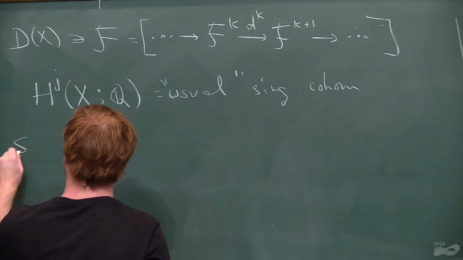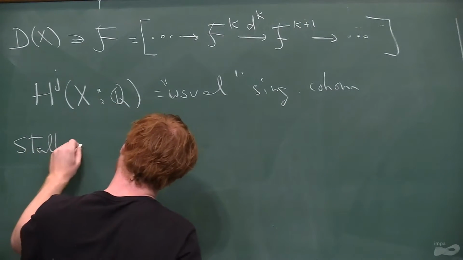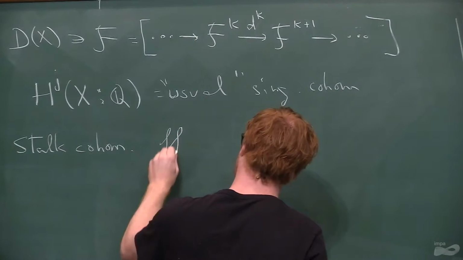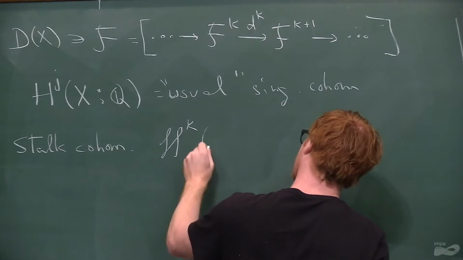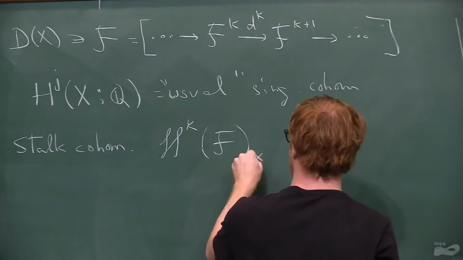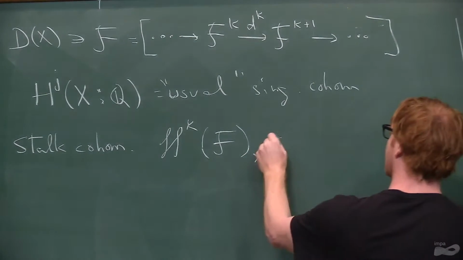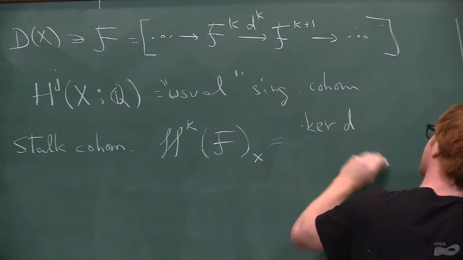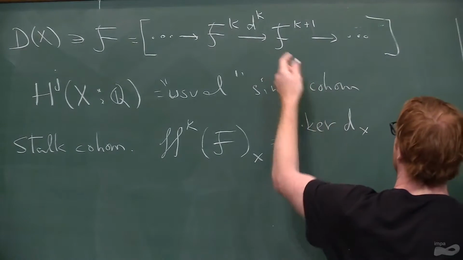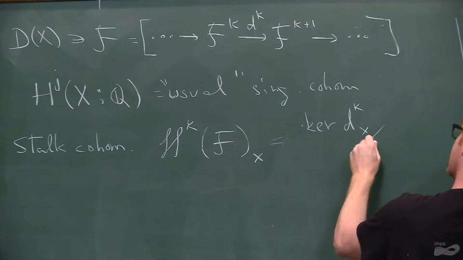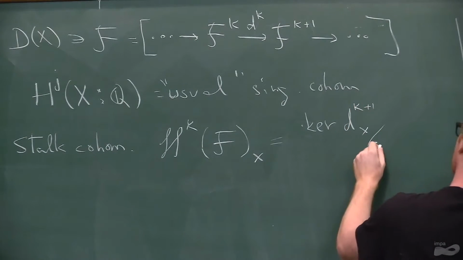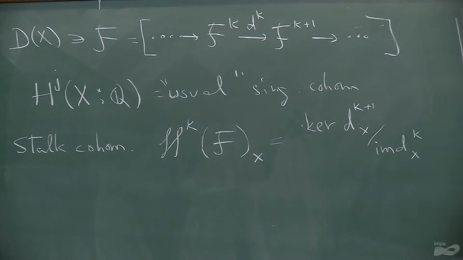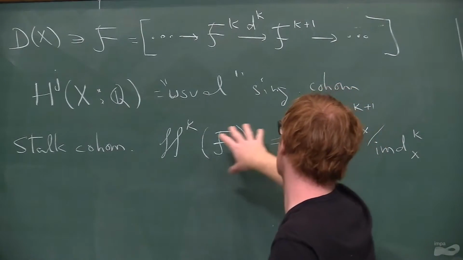That is called the stalk cohomology, and I will write it with this calligraphic H. You have to fix a point because you're going to take the stalk. It is the kernel of the differential of K over the image, it's K plus 1 here, image dx K, okay? So it's just going to the level of stalks and computing cohomology.